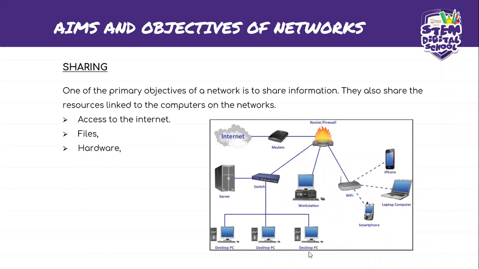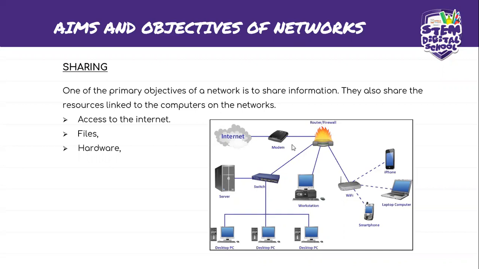So these computers, can you see these desktop PCs? They are connected to this server. So these computers have access to this server. This cell phone, laptop and smartphone also have access to this Wi-Fi.